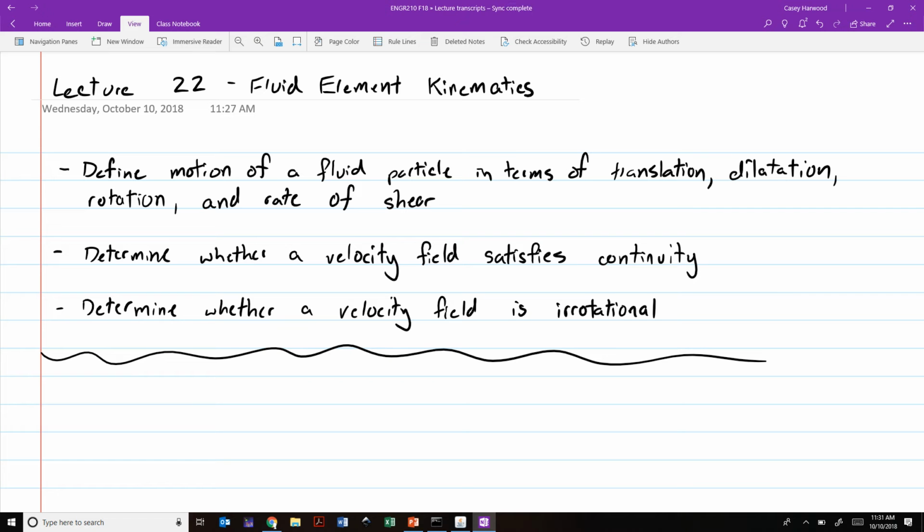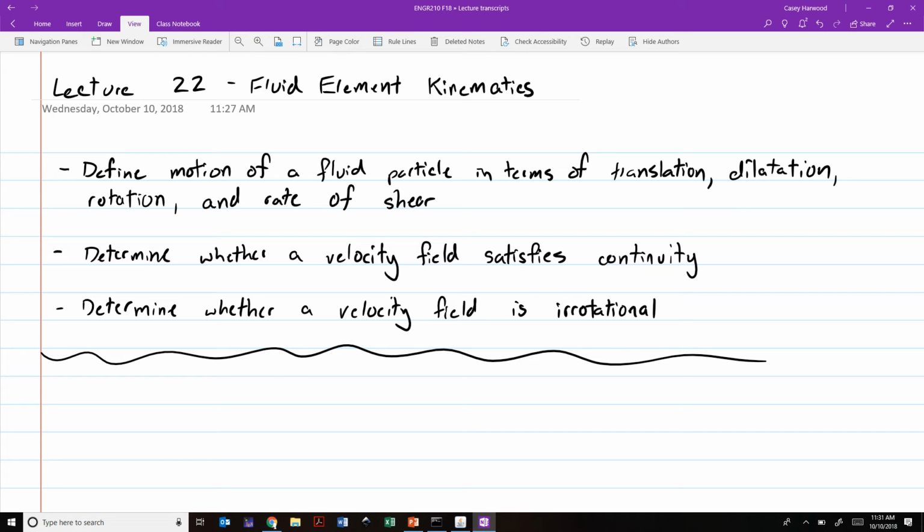So today we're going to be talking about the beginning of Chapter 6, right? Fluid element kinematics. So we've talked about kinematics so far, right? We introduced the idea of kinematics in Chapter 5, kinematics being the way that different components of motion are interrelated. We're going to take that down now.